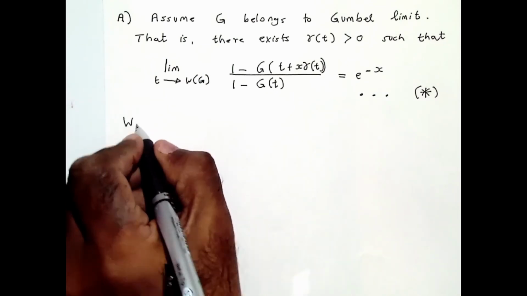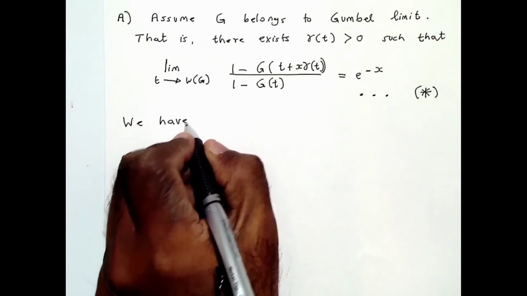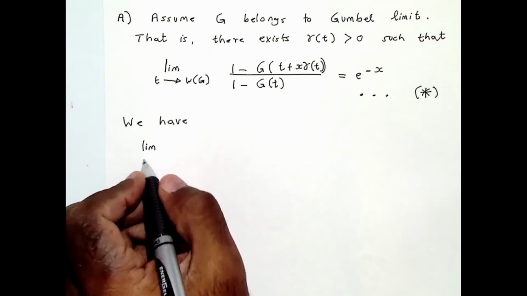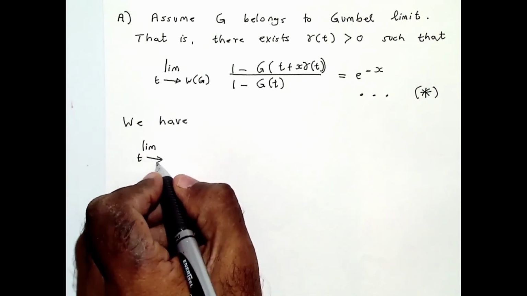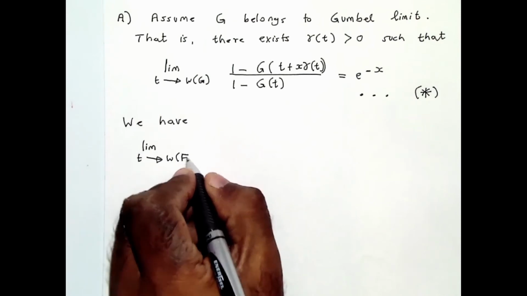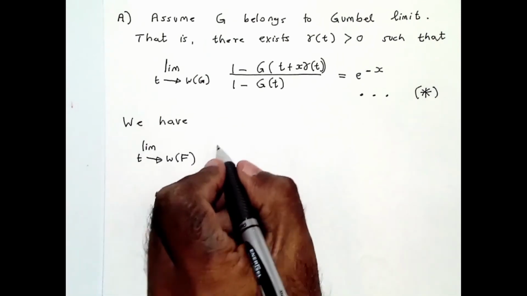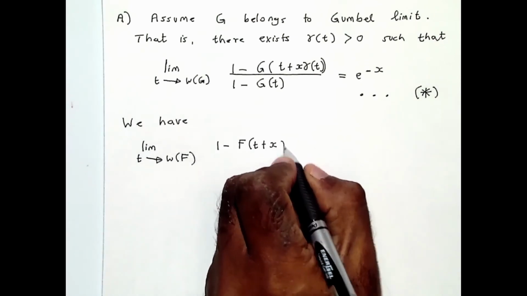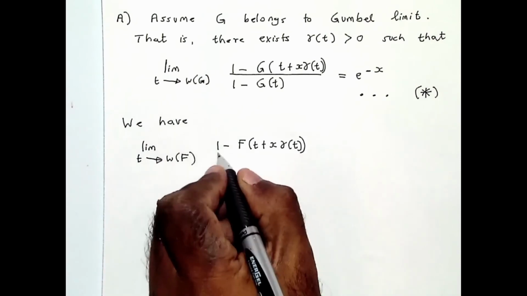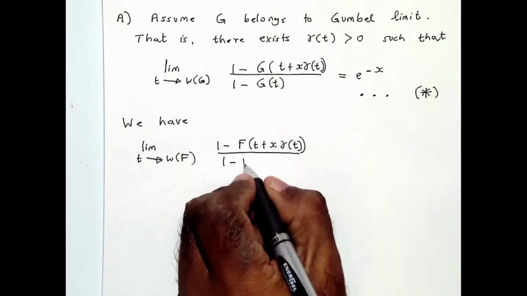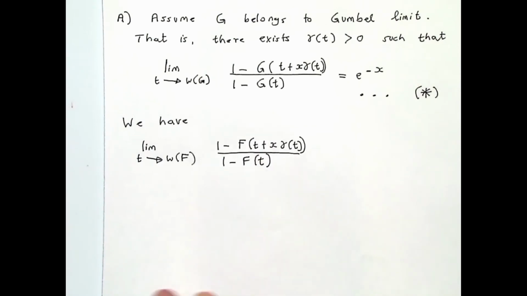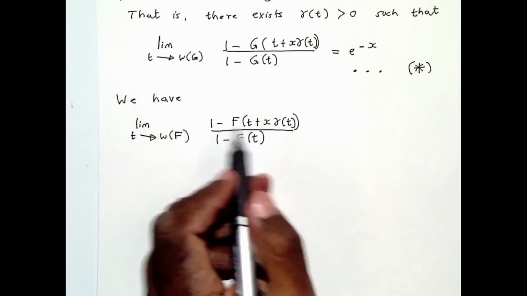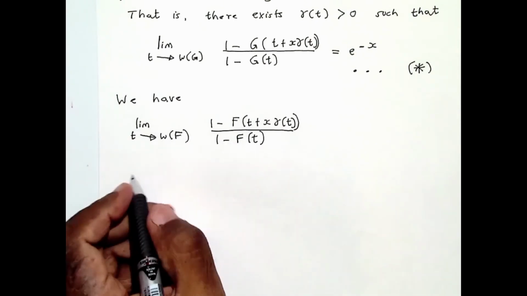Now what we need to show is that this statement is true if G is replaced by F. Right? Okay, so as t approaches the upper end point of f, you have 1 minus 1 divided by 1 minus 1.